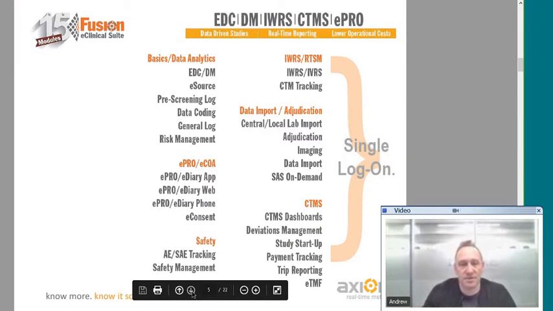So to introduce the platform as a whole, these are the modules. We're going to focus on a presentation today, so I won't walk you through them all. But major categories in terms of data basics and analytics, ePro, eCOA, capturing all of the key data requirements, safety, so managing an event through reporting it, inventory management and randomization, cohort management, and obviously all the aspects of CTMS.